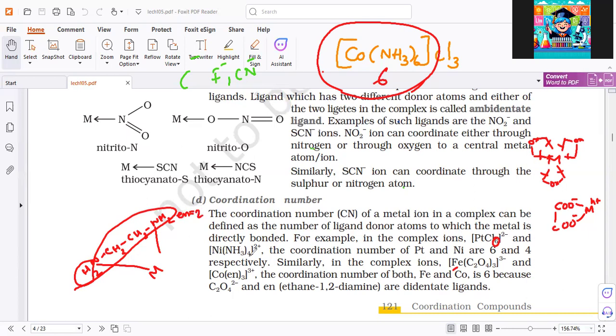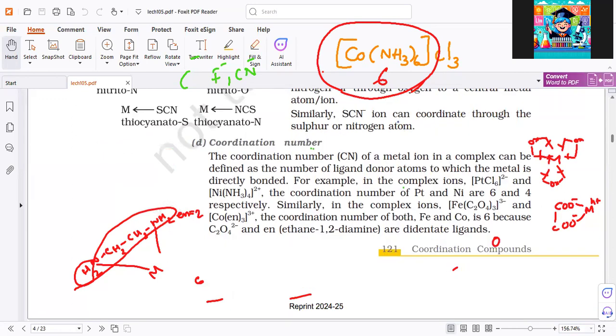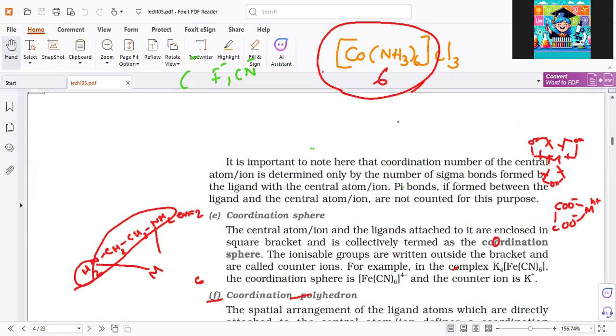So here the cobalt also has a coordination number of 6, because oxalate and ethylenediamine, or ethane-1,2-diamine, are bidentate ligands. So this is how we calculate the coordination number.